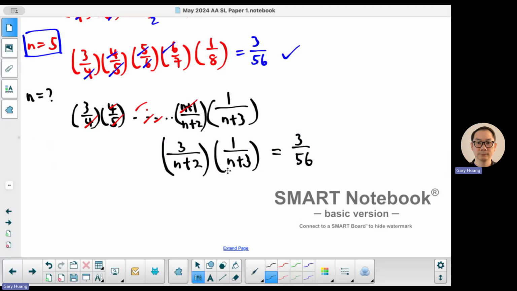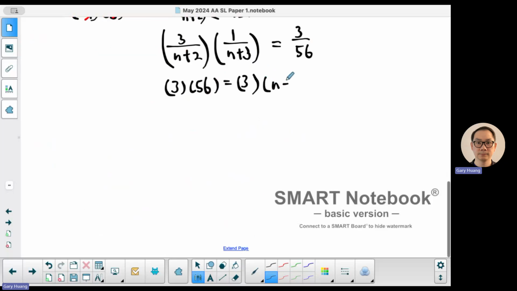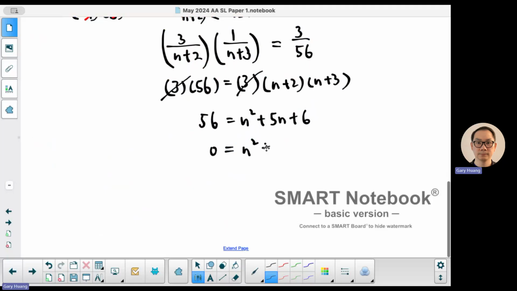So here, cross multiply: 3 times 56 is equal to 3 times n plus 2 times n plus 3. Divide both sides by 3. Expand. I'm going to get n squared plus 5n plus 6. Bring the 56 to the other side. It's going to be minus 50.